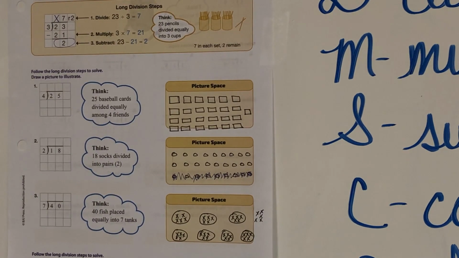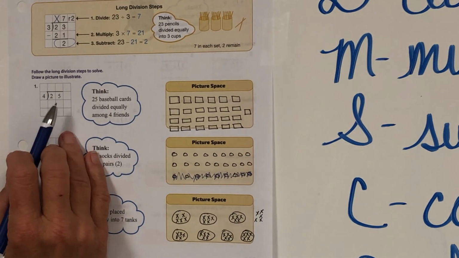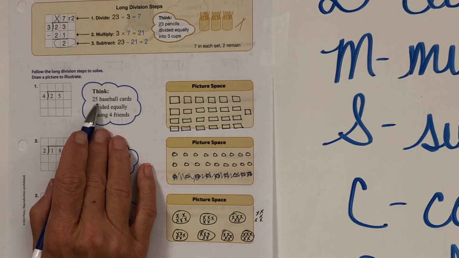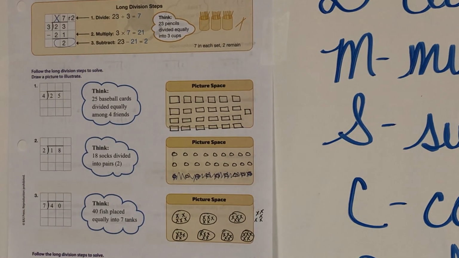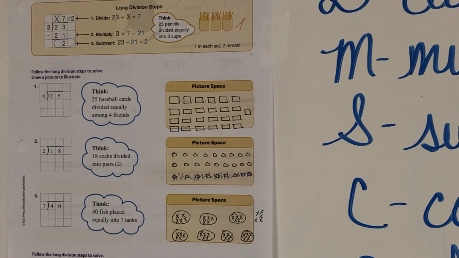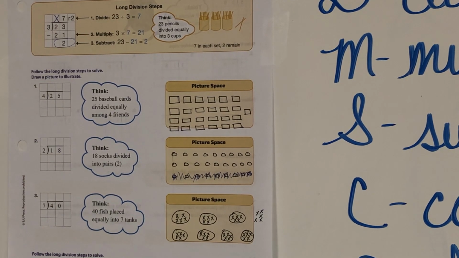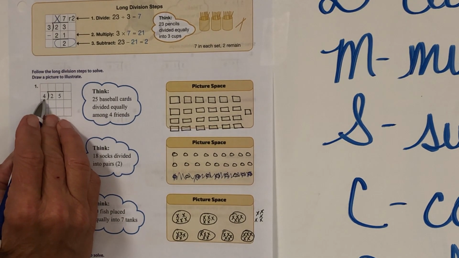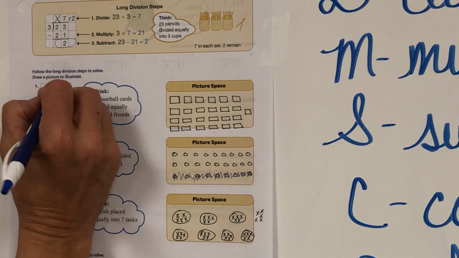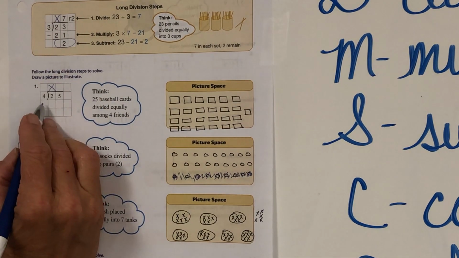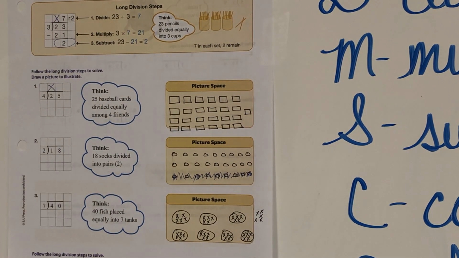Okay, let's go to number 1. 25 divided by 4. Think baseball cards. 25 baseball cards divided equally among 4 friends. How many times will 4 go into 2? It won't. How many times will 4 go into 25?